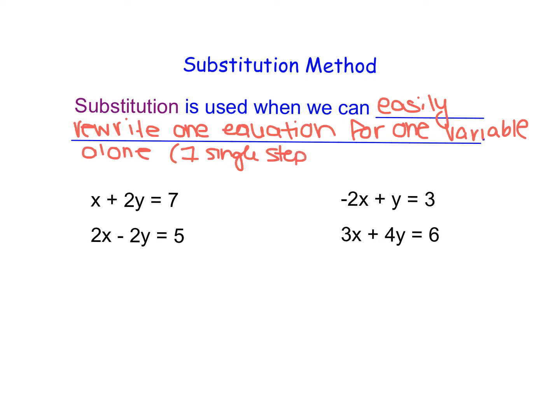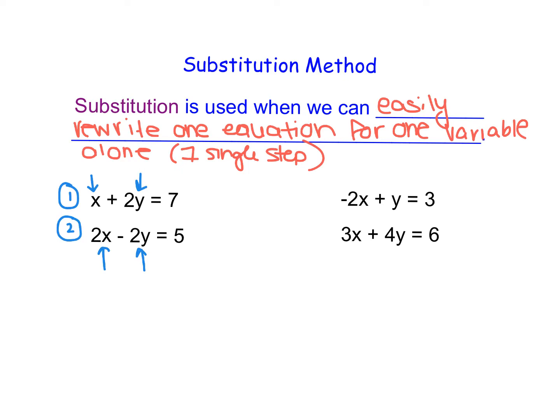So what I mean by this is if we look at these two examples down below, what we'll notice in this first example is we have two equations with the same variables, so we know it's a system of equations. If I look at the four variables, here I have x in the first equation, y in the first equation, x in the second equation, and y in the second equation.